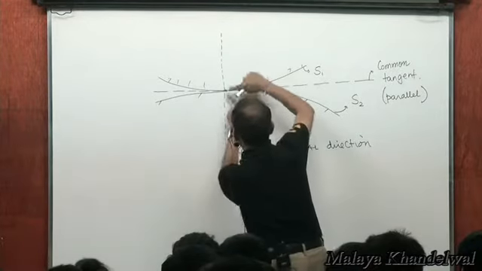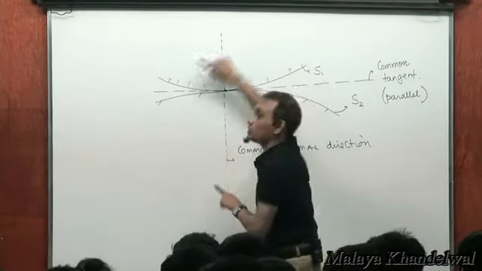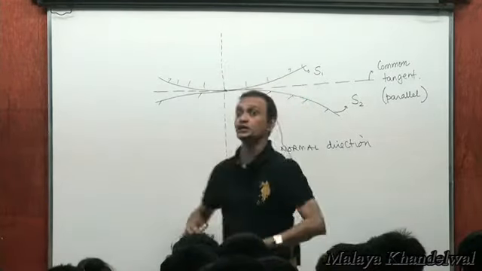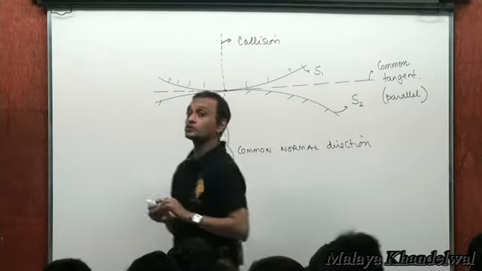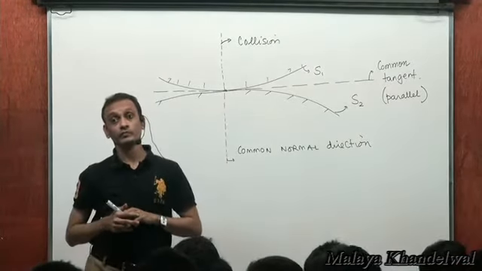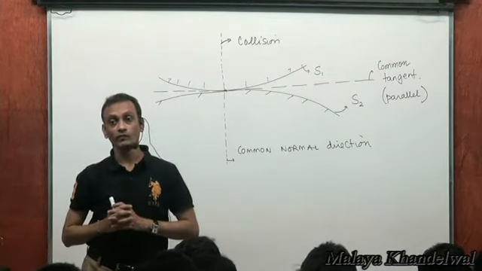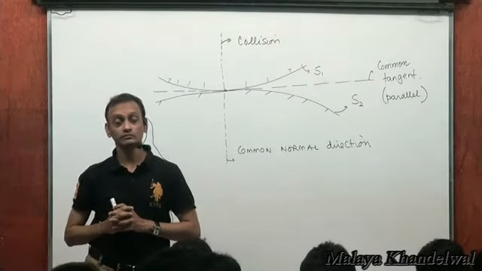When they are capable of exerting forces on each other in this direction because of some interaction, then that interaction in the common normal direction is called collision. The normal direction belongs to collision, right?